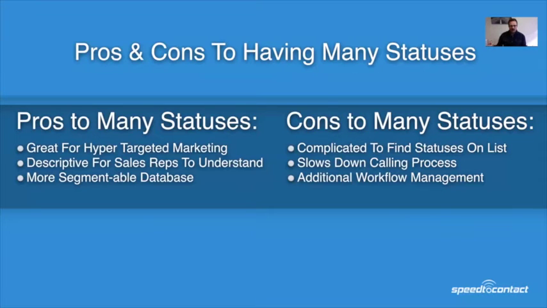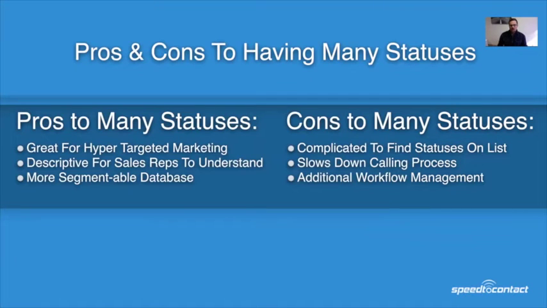Whether you're dialing out, or even just sending emails out to consumers or clients, after you send it out, or after you talk to somebody, you want to change the status, and then make another phone call or send another email. It takes a while, and that time it takes to find the perfect status adds up.